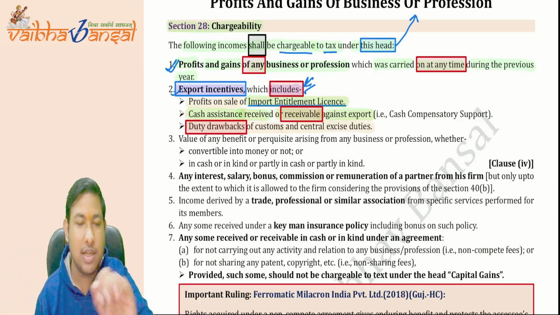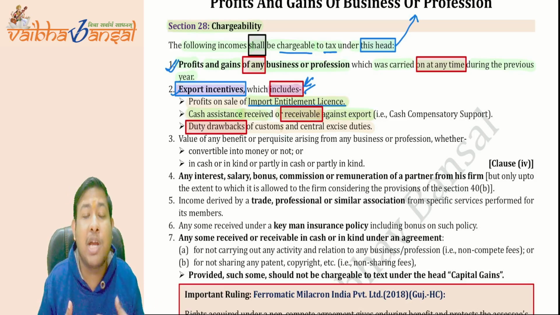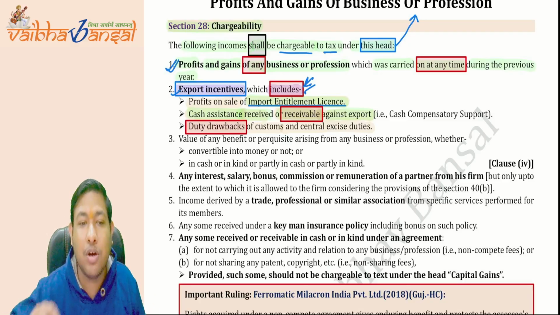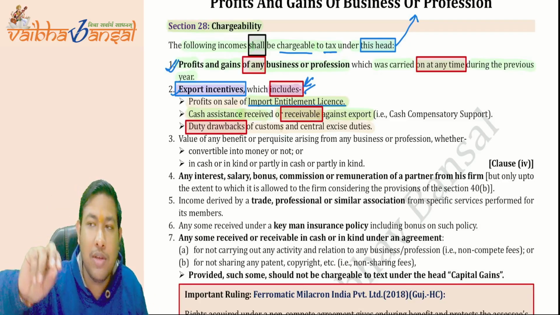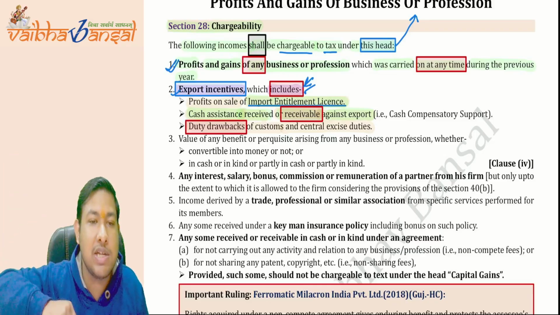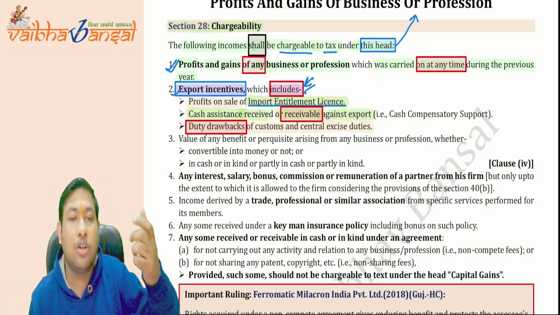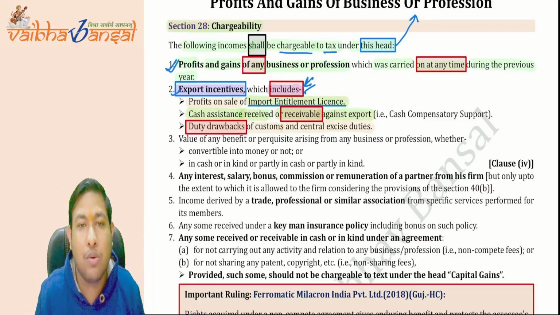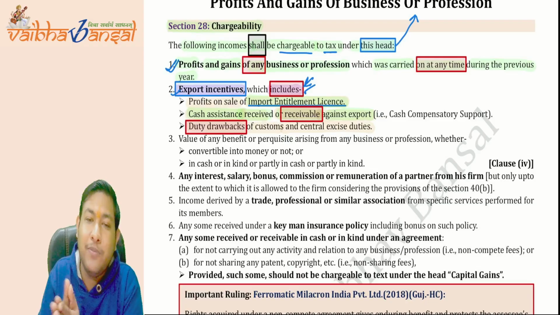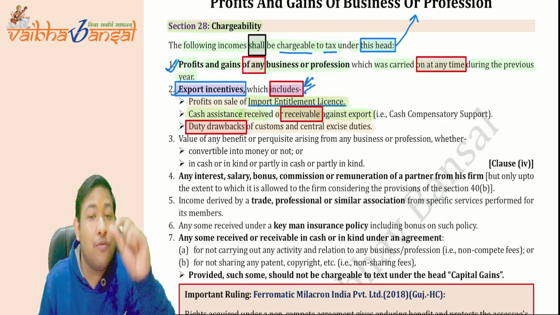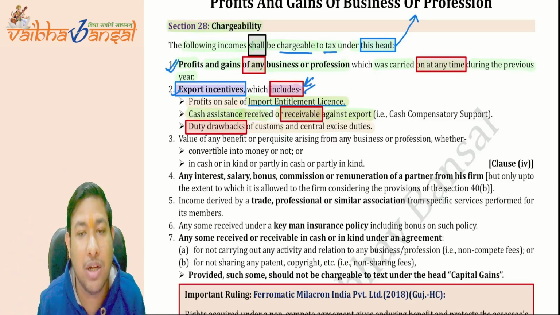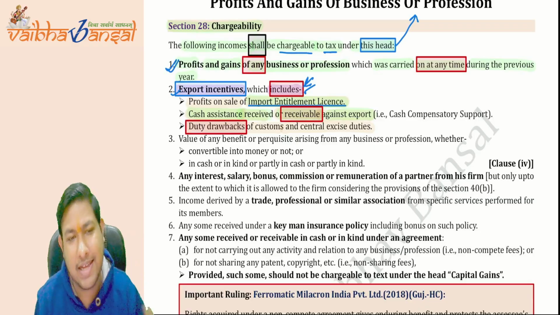This duty is to be given. But the government wants to increase exports. So what is the government doing? Whatever duty you have paid to the custom officer, we will give you that back. So it is duty drawback, that your duty will be given back to you as you are going to export something and we want to increase that export. For that export, we are giving you some incentive, that is a duty drawback of customs or central excise duties.